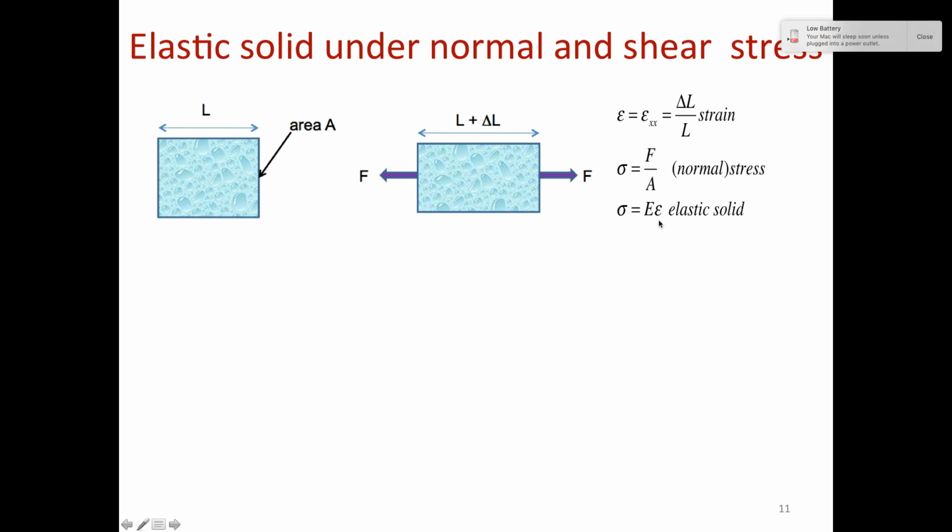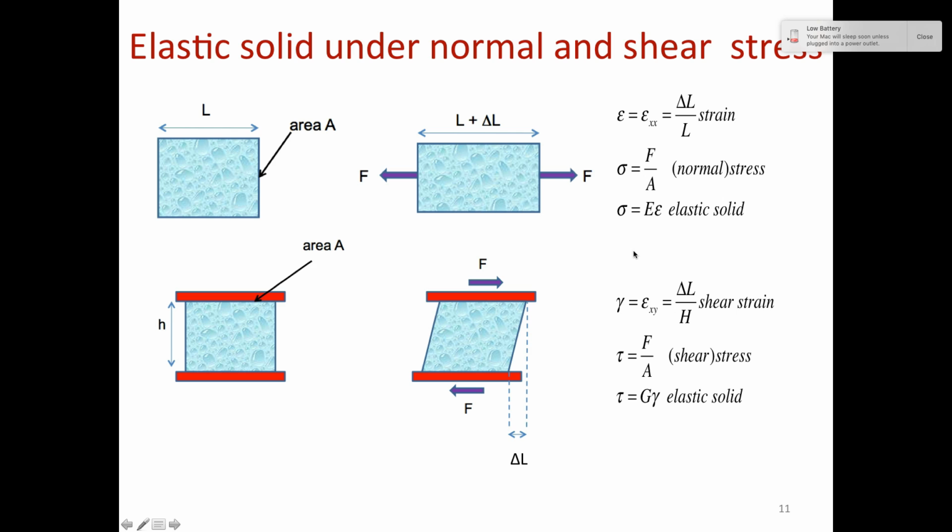Okay. So again, these relationships are technically similar. And in shear, you would express tau as a shear stress, and you would have again this normalized strain, so delta L versus the original H, or original width, and basically another modulus, a shear modulus here, times gamma.